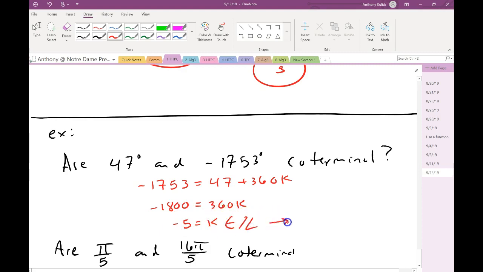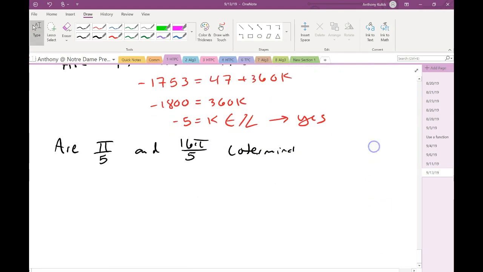And since that's an integer, I can say, yes, they are coterminal. Try this one. Are pi over 5 and 16 pi over 5 coterminal?